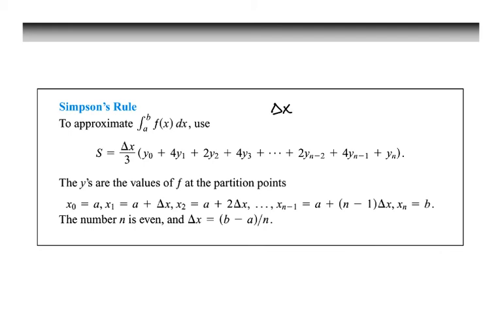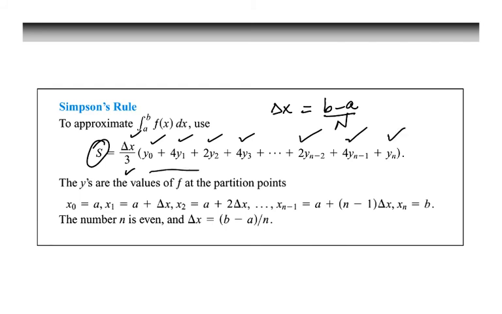You still pick delta x equal b minus a over n, and the formula you get for the area, which is called S, I guess for Simpson's Rule, is delta x over 3 times (y0 plus 4y1 plus 2y2 plus 4y3 plus 2y sub n minus 2 plus 4y sub n minus 1 plus y sub n).